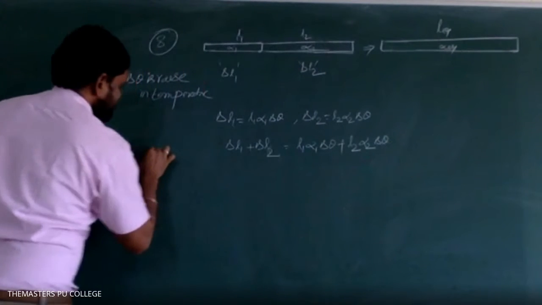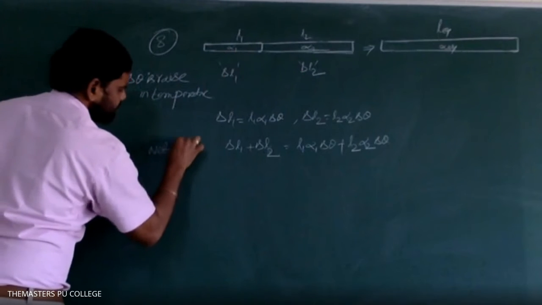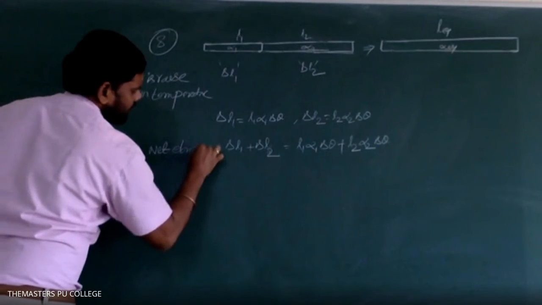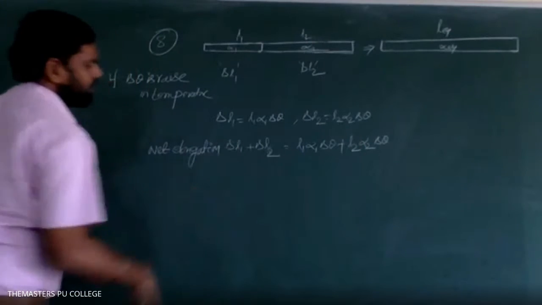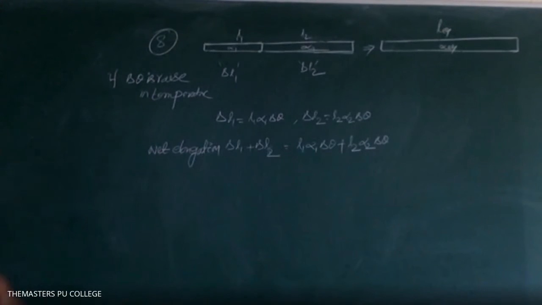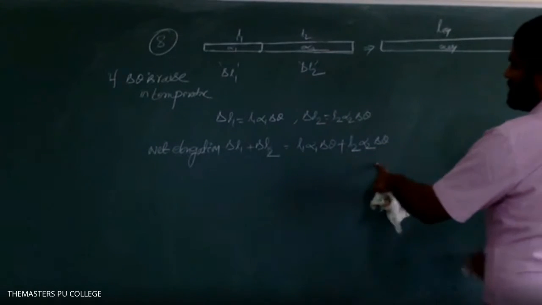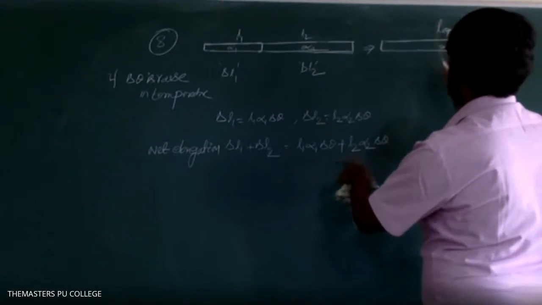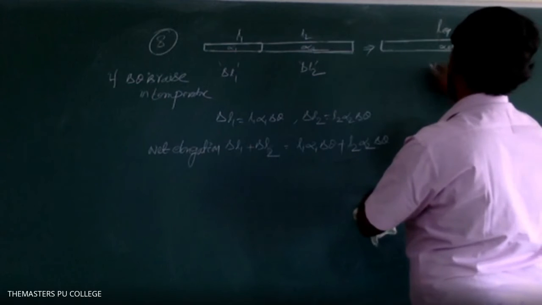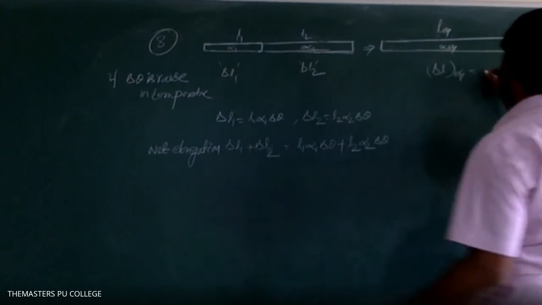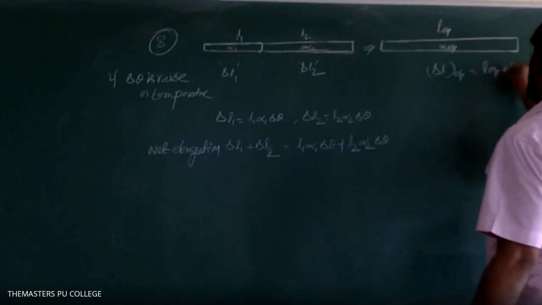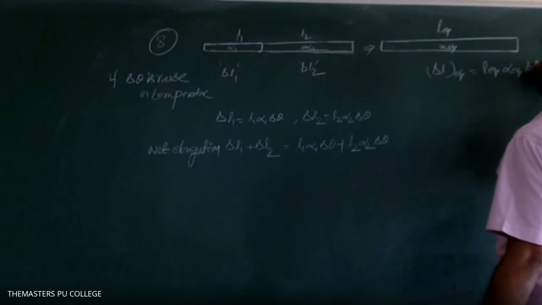So this is the net elongation, delta L1 plus delta L2: L1 alpha 1 delta theta, L2 alpha 2 delta theta. Then for the equivalent rod, delta L equivalent equals L equivalent into alpha equivalent into delta theta.